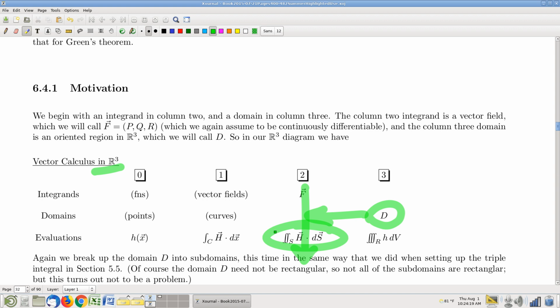We have a 3-dimensional solid, and it's got a boundary surface. We're going to look at the flux through that boundary surface, and we're going to ask, because the diagram tells me so, can I view that as a triple integral? And if so, triple integral of what? Now, I don't know if any of this is going to work, but golly, this pattern's worked 3 times now.